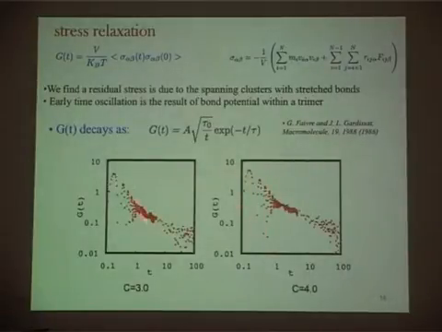We find this oscillation, and we also have a residual stress, which is a finite size effect. Once you have the spanning cluster, you have a residual stress coming from the fact that these bonds are a bit stretched to make the ends meet. So that is at larger concentrations above the threshold.